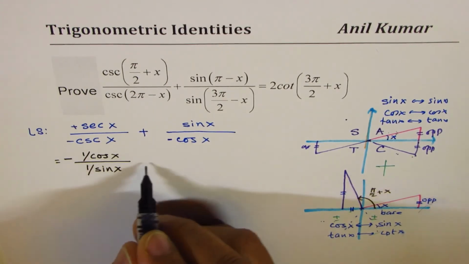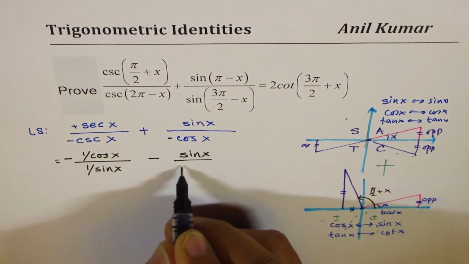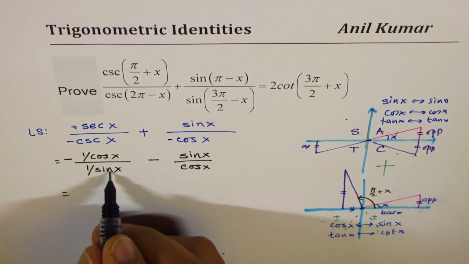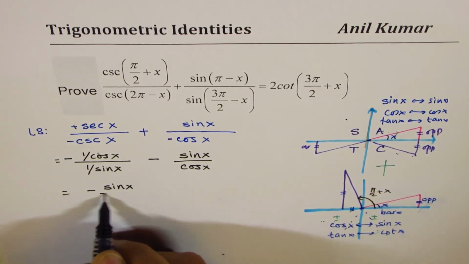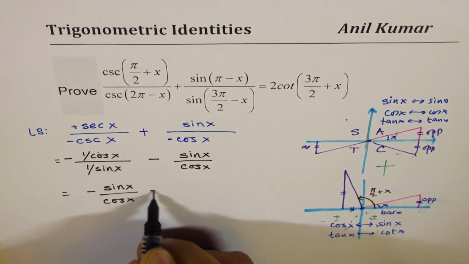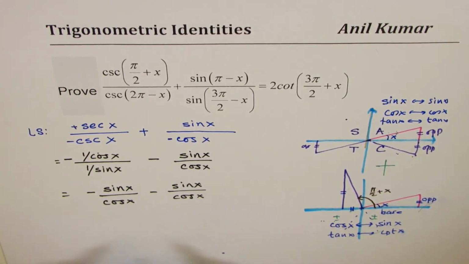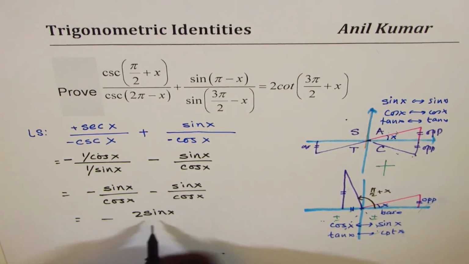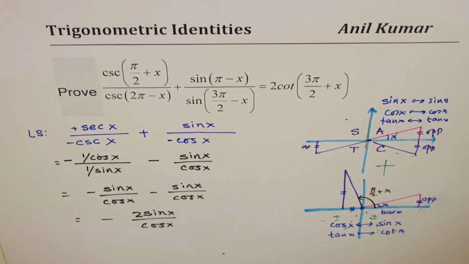Now here again we have negative sine x over cos x. That's what we get here also, sine x over cos x. So we have negative sine x over cos x, negative sine x over cos x, which is negative 2 sine x over cos x. So that becomes our left hand side.